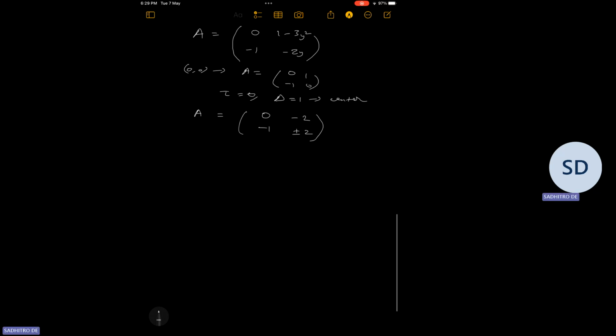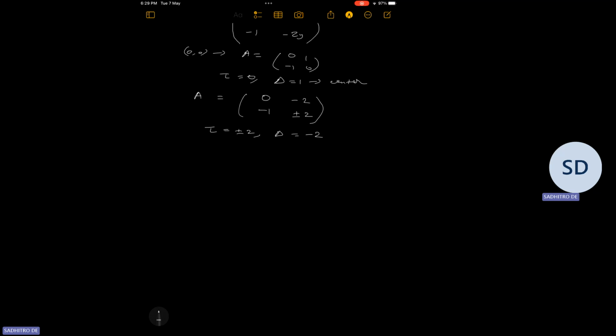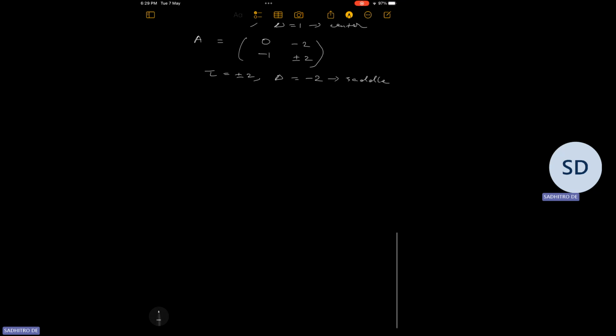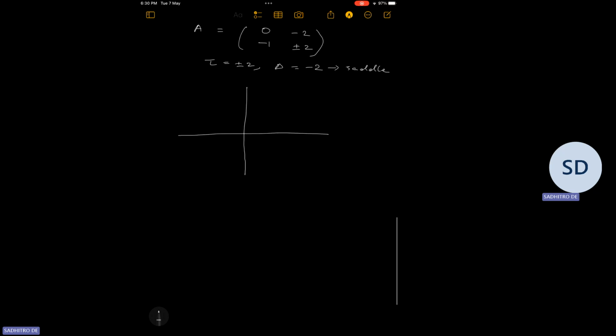So in this case, the trace is given by either plus 2 or minus 2, and the determinant is equal to minus 2. So since the determinant is negative, both these fixed points are saddle points. So what does the phase space look like over here? So the stable and unstable directions can simply be computed if you calculate the eigenvectors.